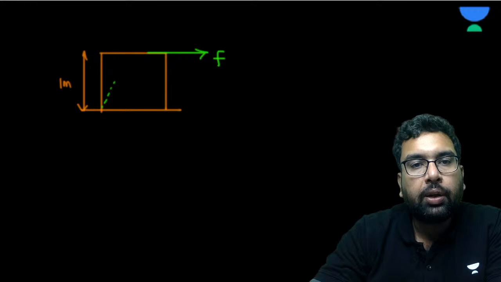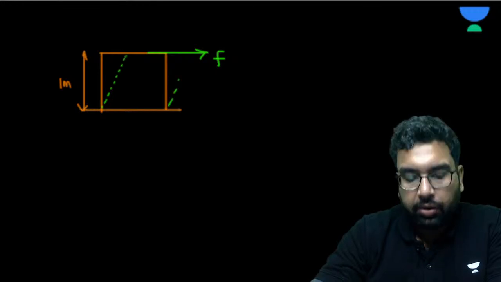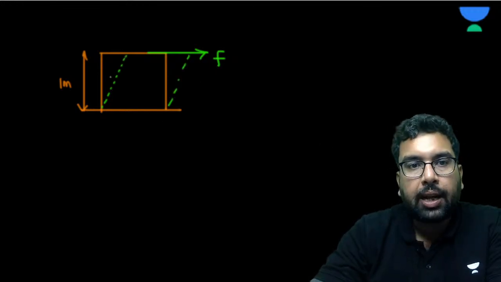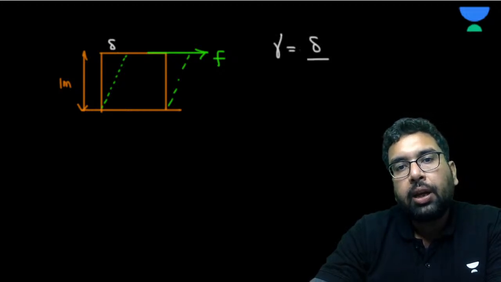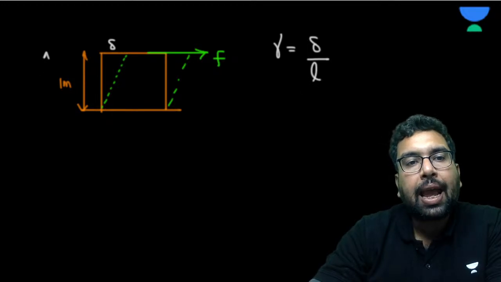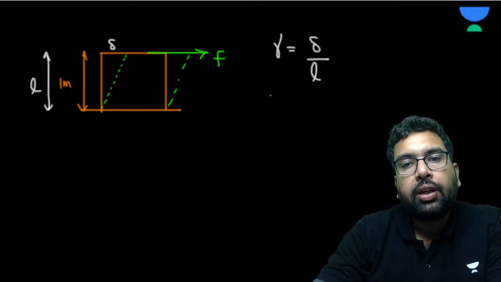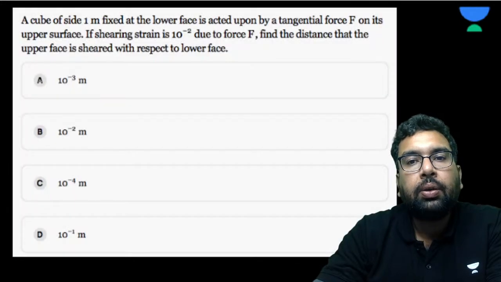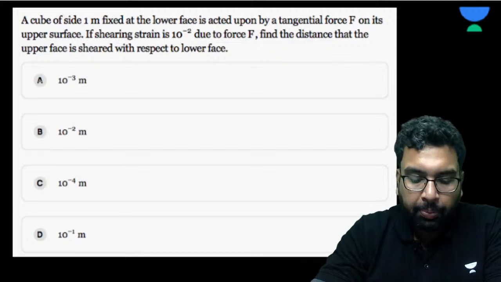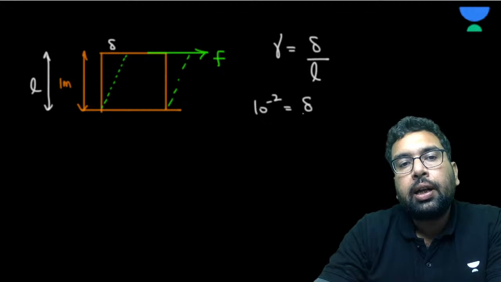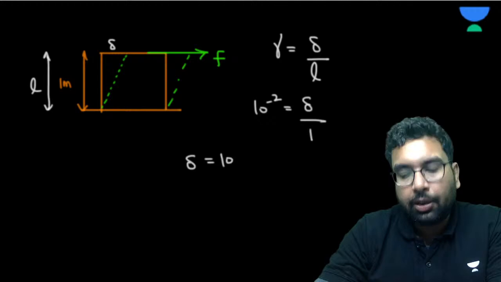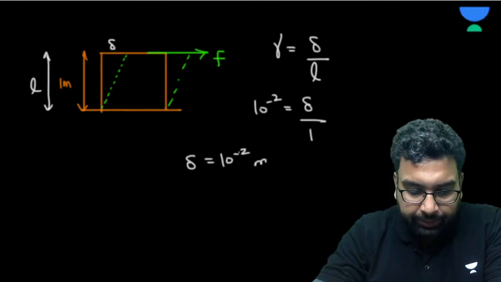This is going to cause a change of shape somewhat like this. Let's suppose this is delta. They have given you the shear strain. Shear strain, beta, is delta upon L. This is L. The shear strain is 10 to the power minus 2, and they are asking you to find the distance that the upper face is sheared with respect to the lower face. So this is delta and L is 1. So delta will be 10 to the power minus 2 meter.